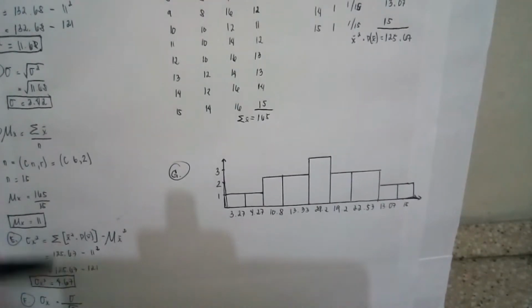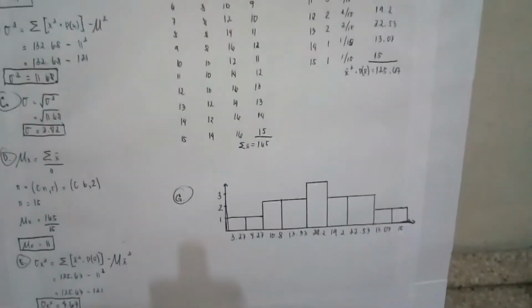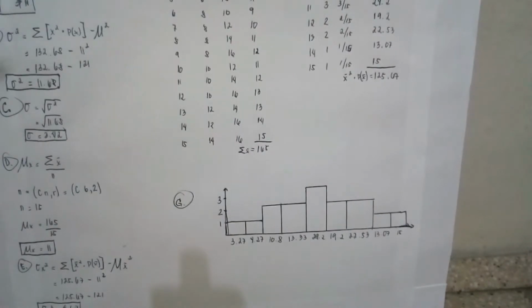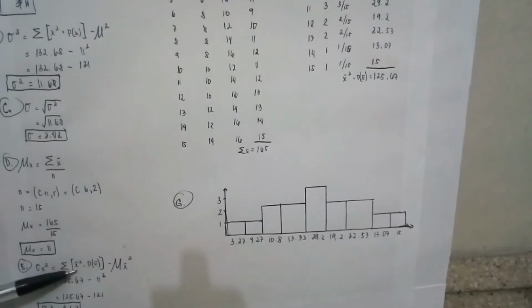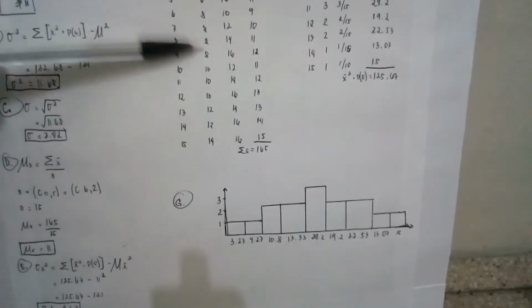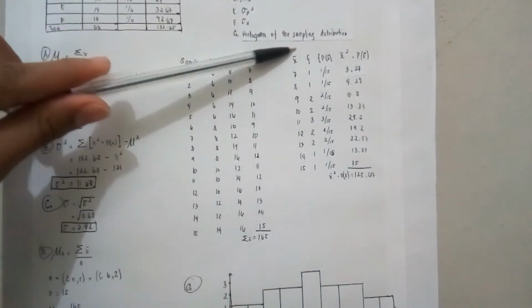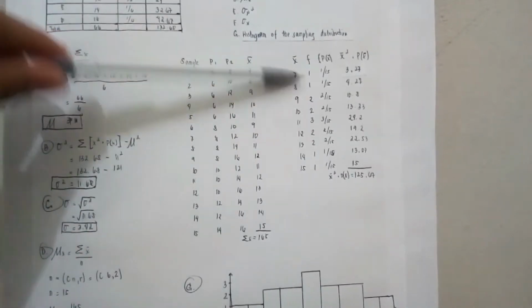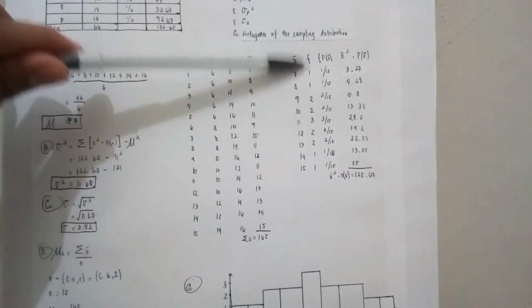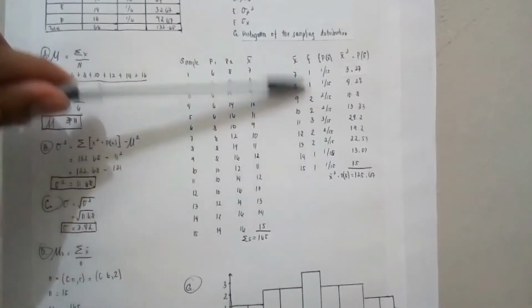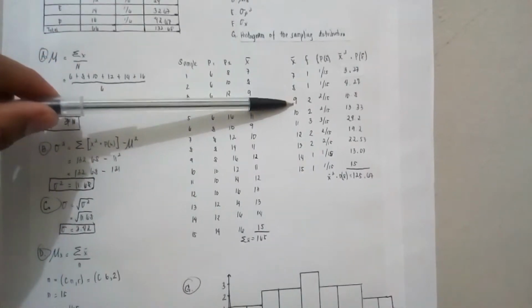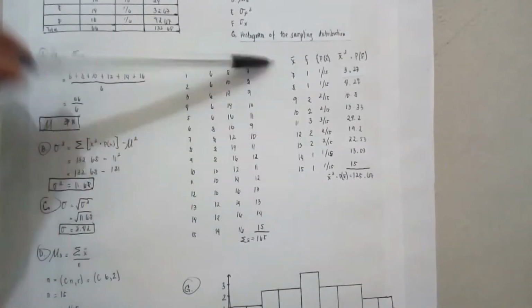Ang formula niya is pareho lang sa variance of the population. Ito. So, ang kailangan lang natin dito ay ang mga sample. Balik tayo dito. Itong frequency na to, nagsasabi ito kung ilan ang itong mga value na to.